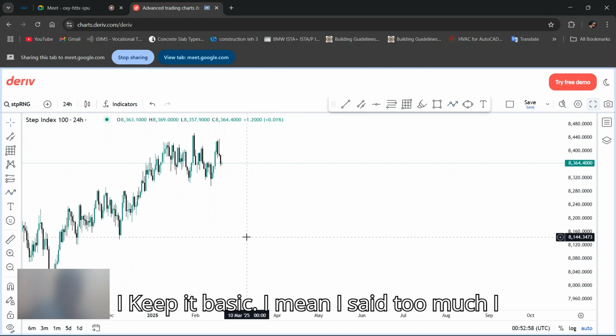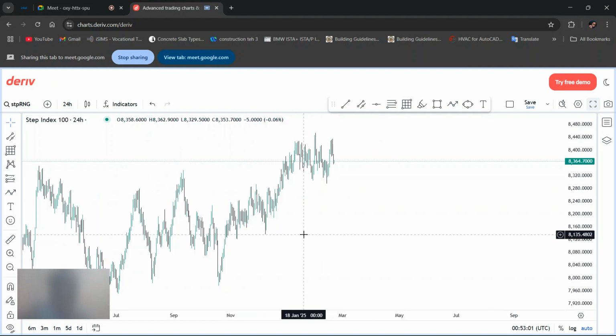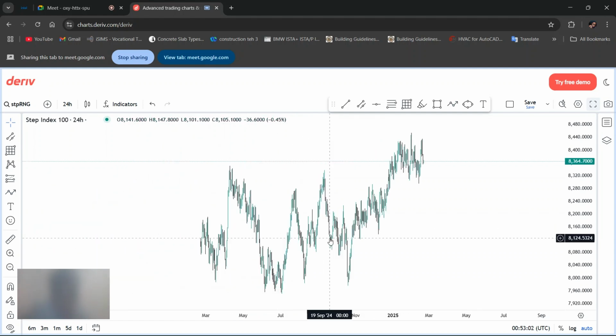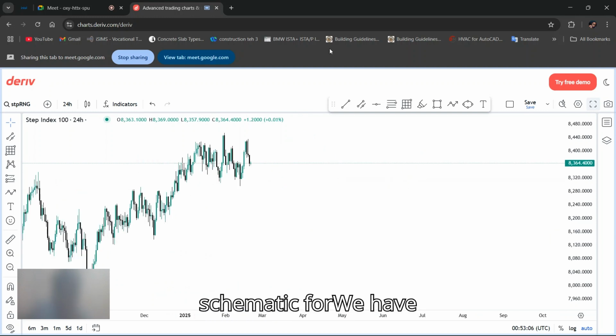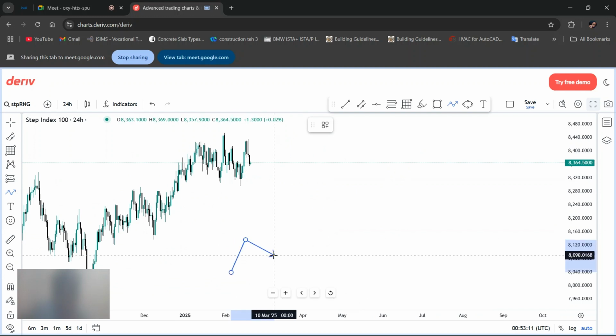I keep it basic because I don't want to overload the whole information. Anyways, let me just do a small schematic. We have an uptrend here. This is our uptrend.